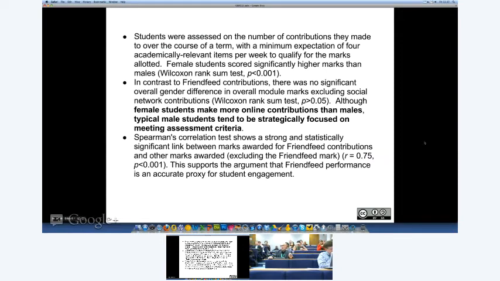Our interpretation of that is that although female students are apparently more social and make more online contribution than males, a typical male student is more strategically focused on assessment. And as I said, you can show a strong correlation between the marks for social network contributions and overall academic output, excluding the social network component. So this is a proxy for student engagement.